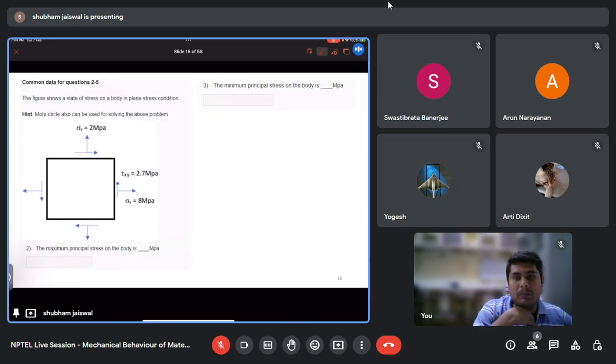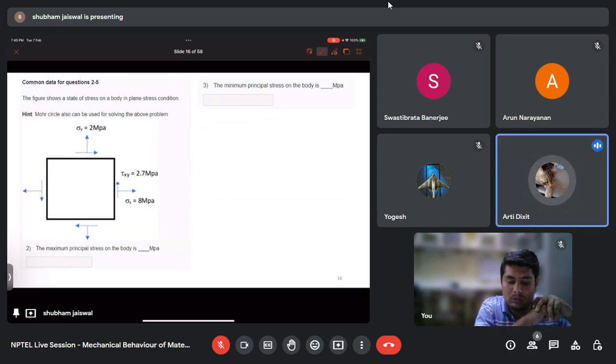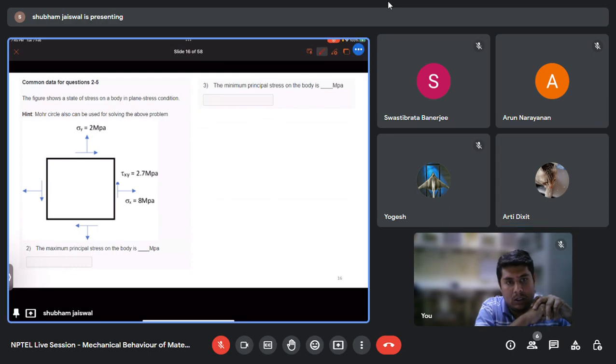Now toward the second question. The figure shows the state of stress on a body in a plane stress condition. The hint is that we can use the Mohr circle, but as the concept of Mohr circle is not discussed, we will solve the problem using our old method. How can we solve this question? Using the cubic equation of principal stress. Okay.